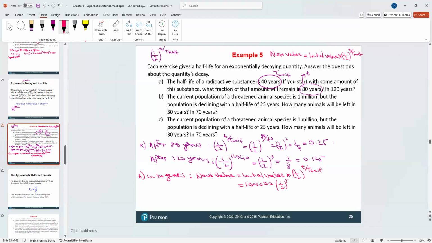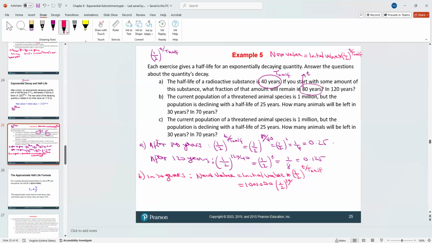So 30 would be small t. And we know already the half-life, because they said the population is declining with a half-life of 25.